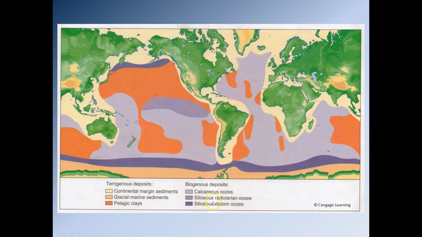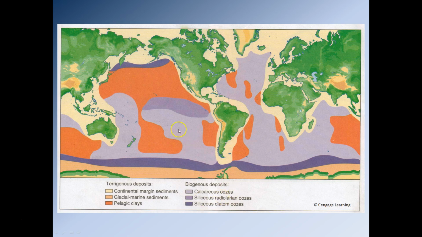In terms of the siliceous oozes, that's made of radiolarians and diatoms, two different types of organism that use silica to make their shells. What you'll notice is, in the case of these siliceous diatoms, they are located in very, very high latitude environments close to the poles. That's because they like cold water.